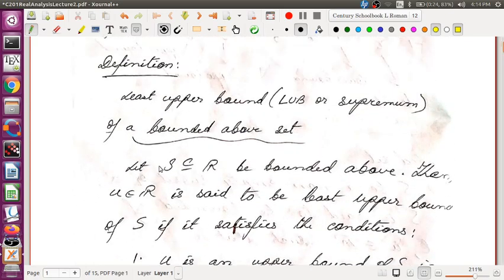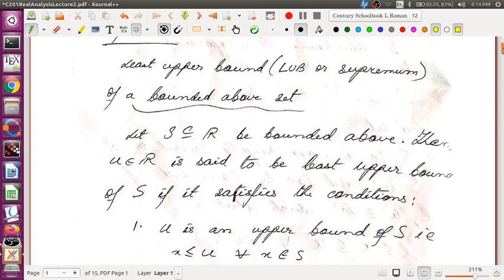Least upper bound: let S be a subset of R, be any bounded above set, then U belongs to R is said to be the least upper bound of S if it satisfies the following two conditions. So what are the conditions?